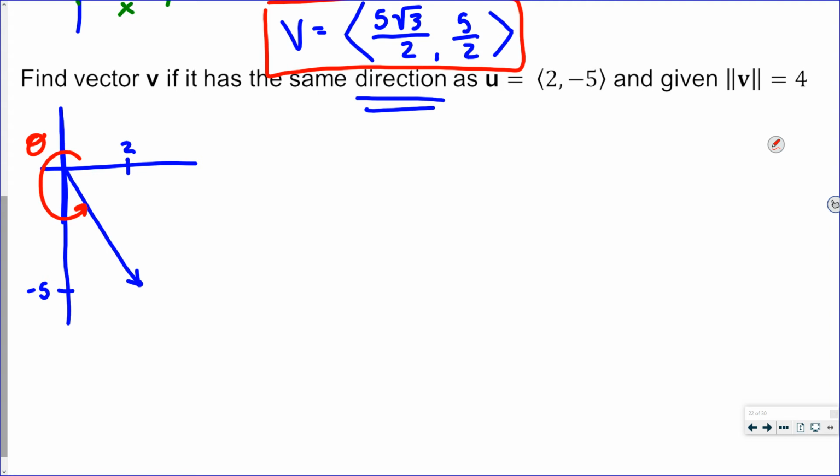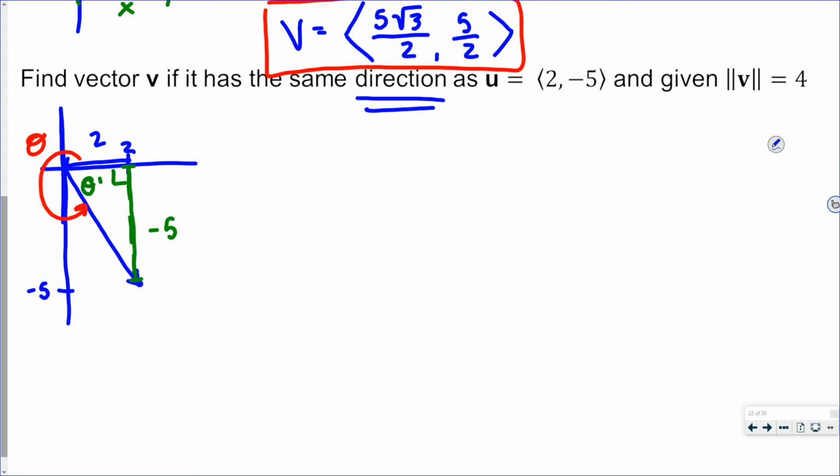Okay, so let's use this reference angle right here. Let's draw a right triangle. All right, we know this is 2. We know this is -5. You could go through and figure out numerically what the angle is, but we don't really need to here.